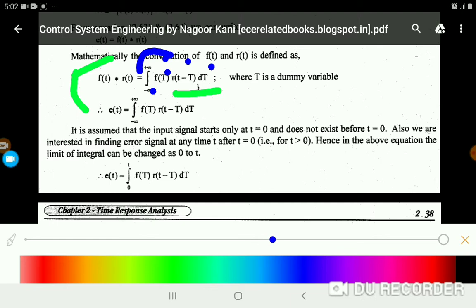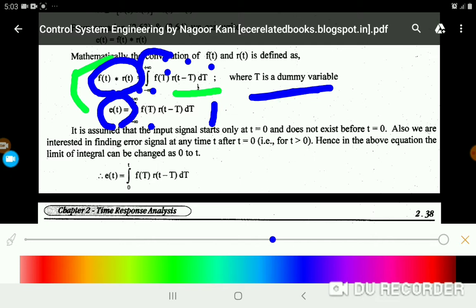This capital T denotes a dummy variable we introduced according to the convolution. Therefore E of t equals the integral from minus infinity to plus infinity of f of T R of t minus T dT. Instead of f of t star R of t we substitute E of t simply.